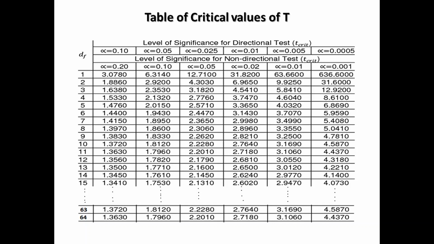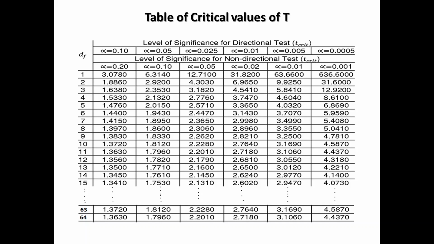As you can see here, many values, many numbers. All the values provided here are the values of t, in many levels of significance, as you can see above. So level of significance for directional t.